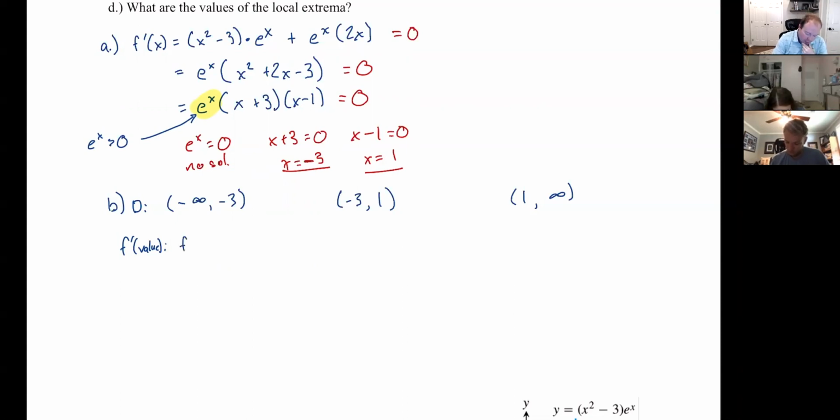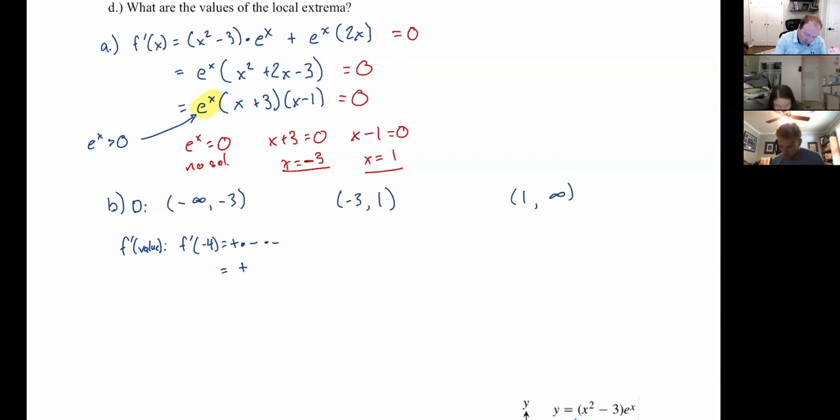So if you do f prime of -4, we have a positive times a negative, because when you plug -4 into x plus 3, it gives you a negative. Then it's going to be times another negative. So we see that this is going to be positive.